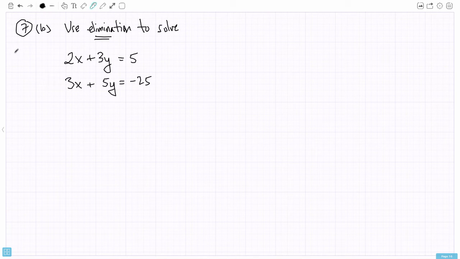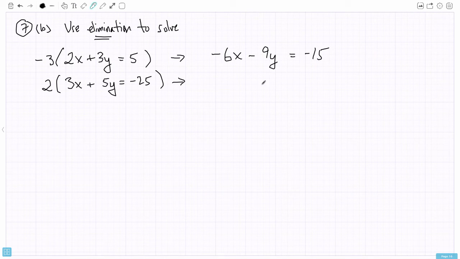Let's eliminate x. So I'll multiply the top equation by a -3 and the bottom equation by a 2. And that way on top I have a minus 6x, on the bottom I have a positive 6x, and then when I add the equations, the x's will cancel out, and I'll have only y's. Make sure you multiply both sides of the equation.